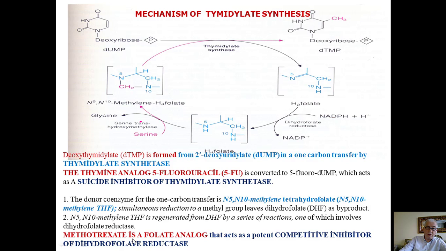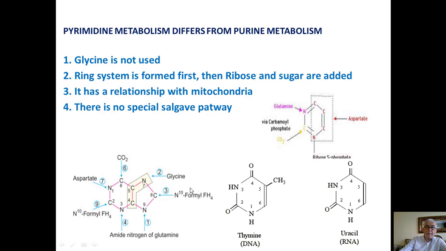Another one is methotrexate, a folate analog, which acts as a potent competitive inhibitor of dihydrofolate reductase. Both antimetabolites can be used in the treatment of different types of cancer, so they have a very important role in chemotherapy.